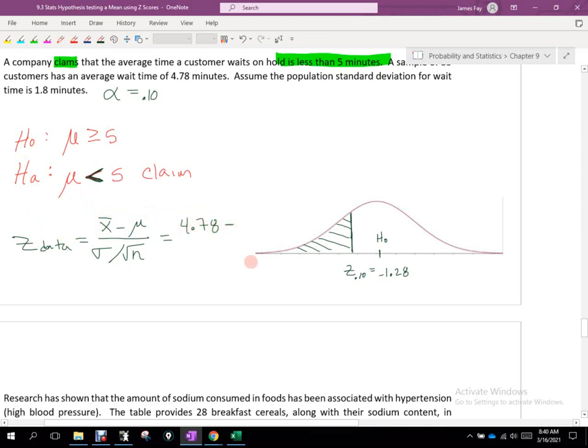What is mu? Well, careful, that's a standard deviation. Yep, right here. Mu is always going to be right there in your null hypothesis. So 5. And then sigma, that's the 1.8. And we're dividing by root 35, 35 customers.